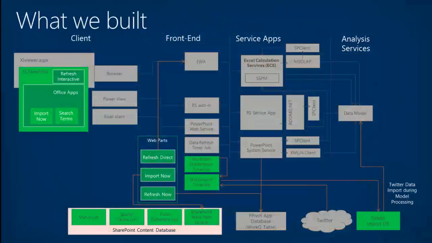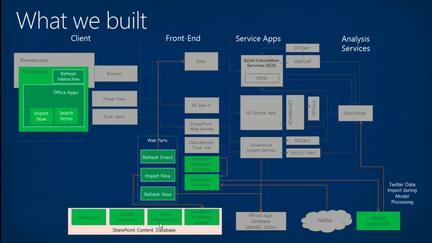Here are the components that we built to enable all these great features that Diego gave you already a little glimpse at. We have our data import timer job, which runs and is scheduled to update by default once a day during the night hours the databases in our relational backend based on some search terms and other information out of some SharePoint lists.